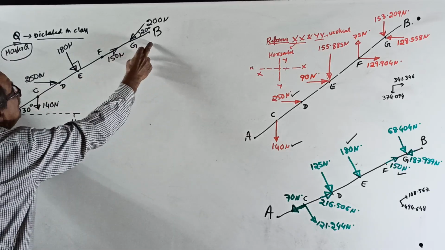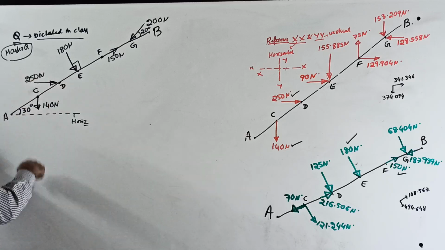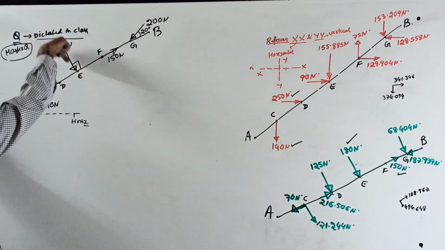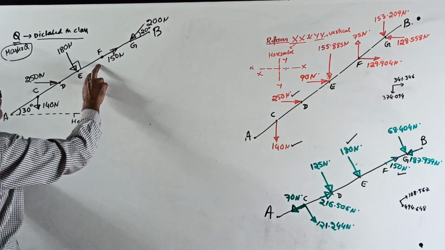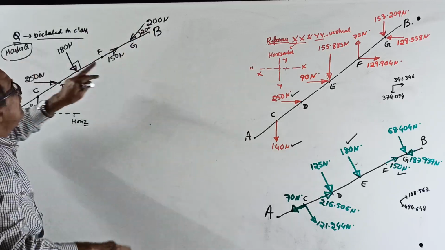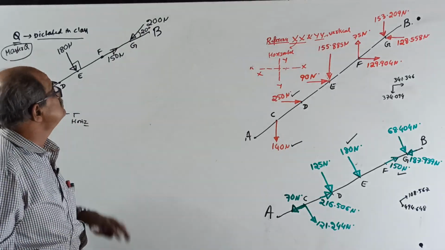Forces are acting on that one as shown. Make a note. 140 is vertically down. 250 is pure horizontal. 180 is perpendicular to the plane. I am covering each and everything. 150 is along the plane. This 200 is randomly inclined at 20 degree with the plane, as shown.